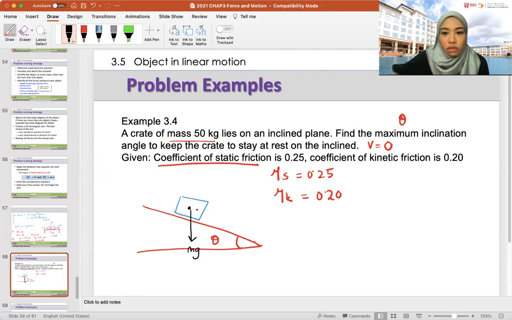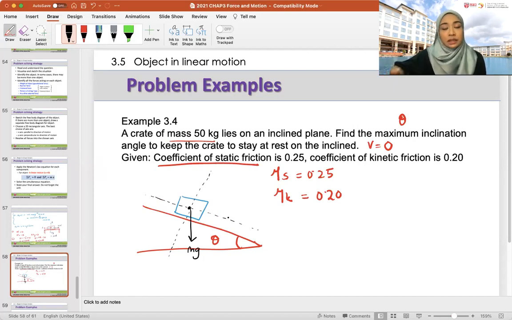Then we have, remember I told you about the inclined plane. We can resolve this mg into the x and also the y. Why are our x and y this way? Because it's easier to resolve something that is parallel and something that is perpendicular to our object. Our object is slanted.